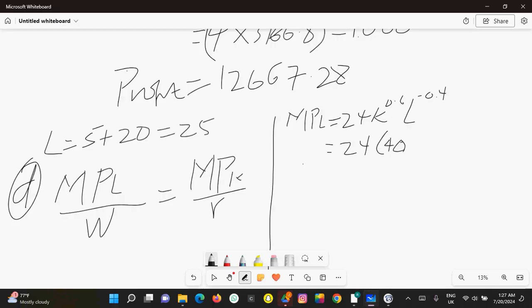K was 40, to the power 0.6, and then L was 80, to the power negative 0.4. Then we have the MPK. Our MPK was 36.